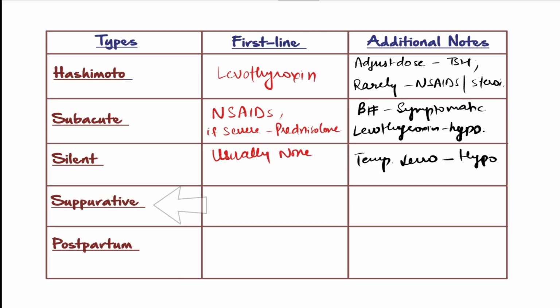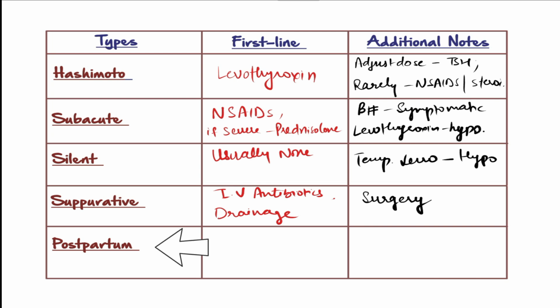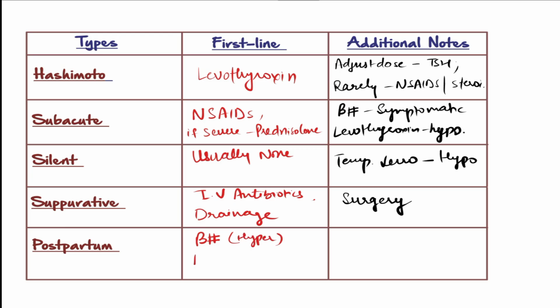In case of acute suppurative thyroiditis, IV antibiotics, drainage if abscess is present, surgery if severe or recurrent. And in case of postpartum thyroiditis, beta blocker in hyperthyroid phase and levothyroxine in hypothyroid phase, usually self-limited, safe in breastfeeding.